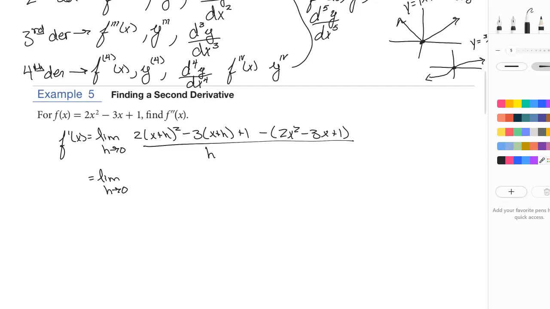So we're going to square this out. When I square that, that's x squared plus 2xh plus h squared minus 3 times x plus h plus 1 minus 2x squared minus 3x plus 1 all over h.